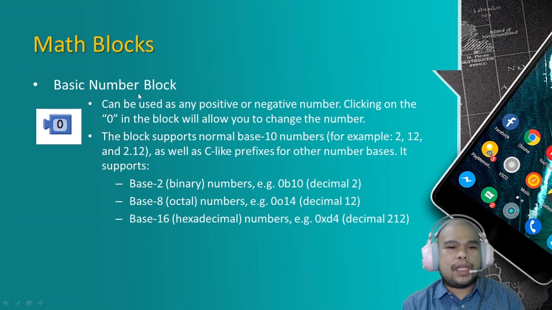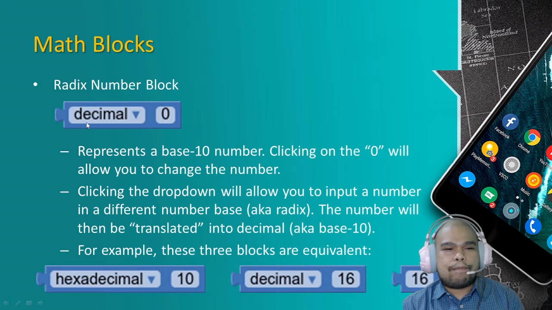Next, we also have your basic number block. This is what I used earlier in order for us to provide the number to our conditional statement. Okay? There it is. Next, we have the radix number block. This represents a base 10 number. Clicking the 0 will allow you to change the numerical value.